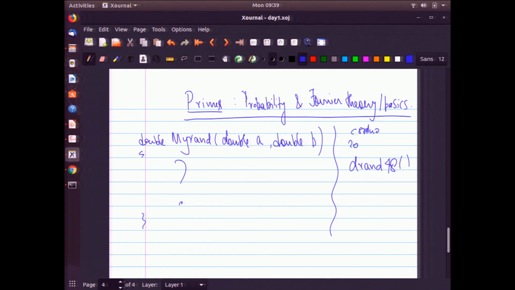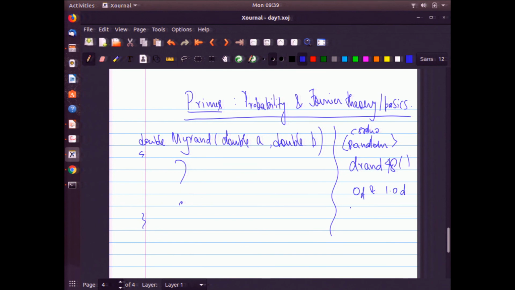Or even random in C++11, you can include. You could, in your C++ program, include some library like this. You make a call, and that will give you a random value usually between 0 and 1 as a double.